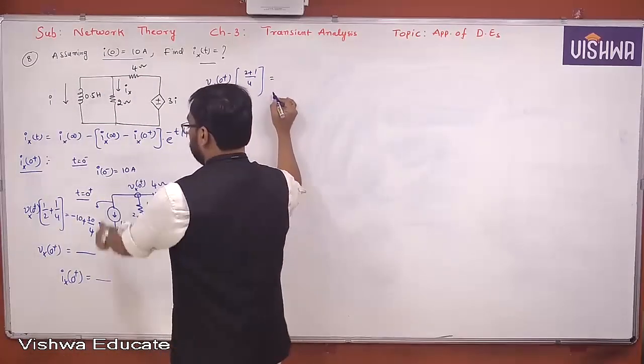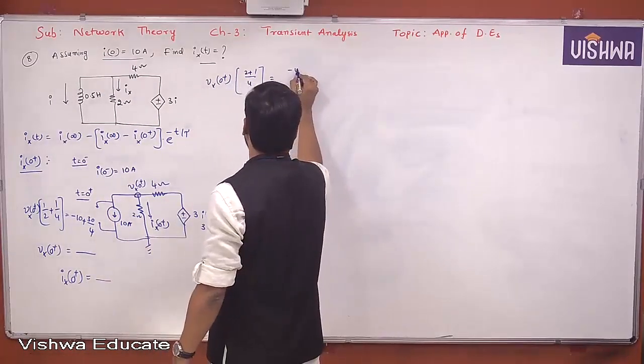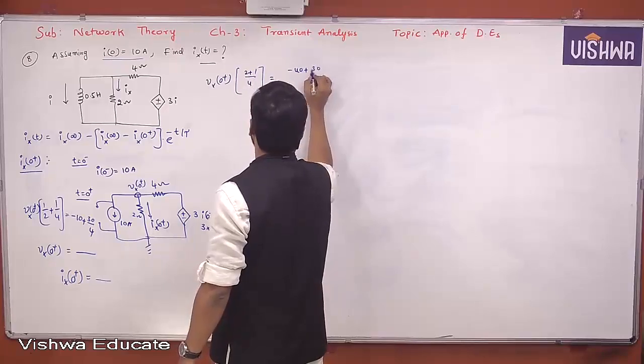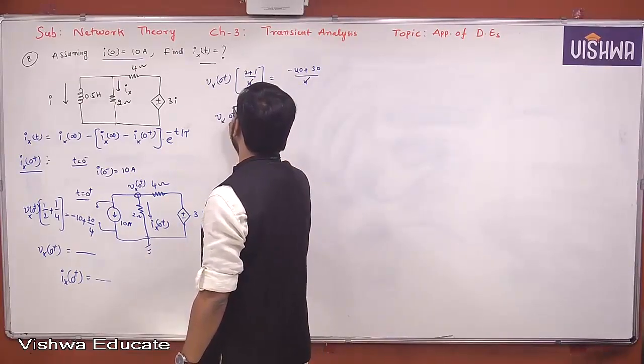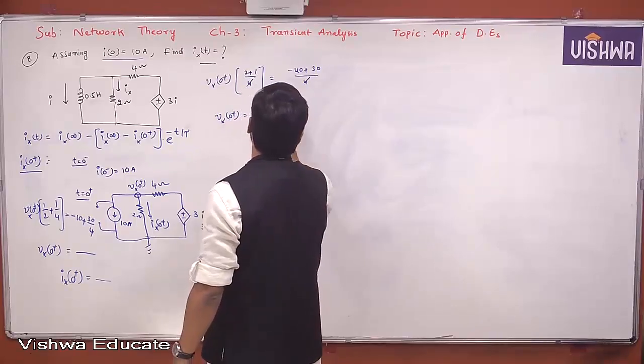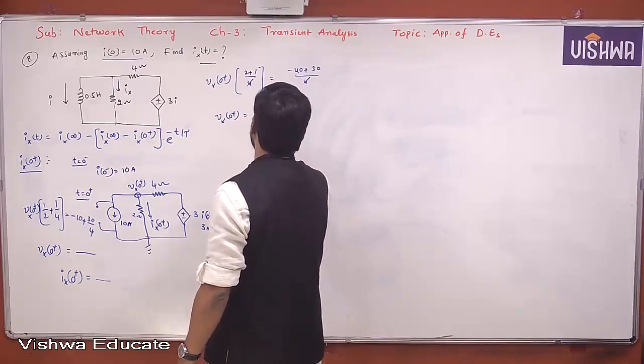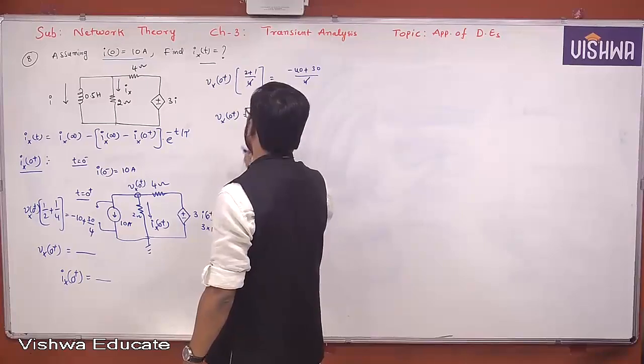So that is equal to, what do you get here? Minus 40 plus 30 by 4. So the 4 gets cancelled, and Vx of 0 plus is how much? Minus 40 plus 30 is nothing but minus 10, so it is minus 10 by 0.75, that is minus 20 by 3.